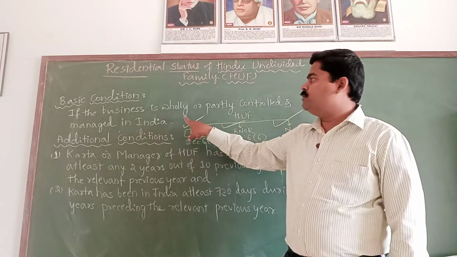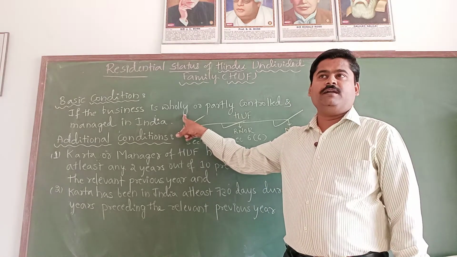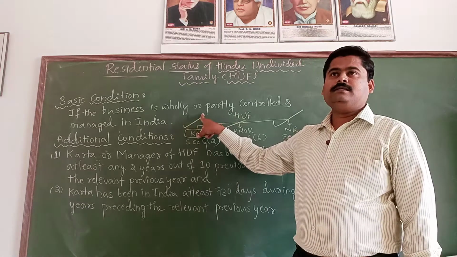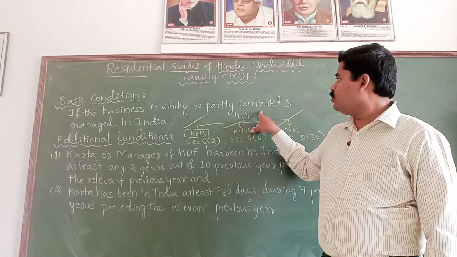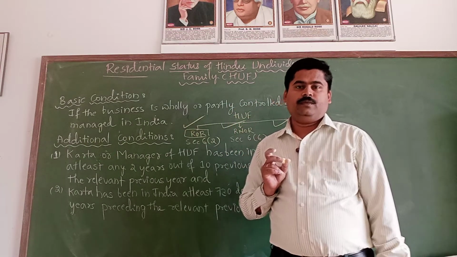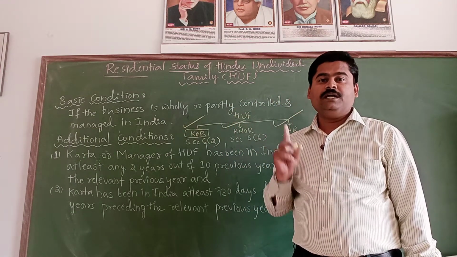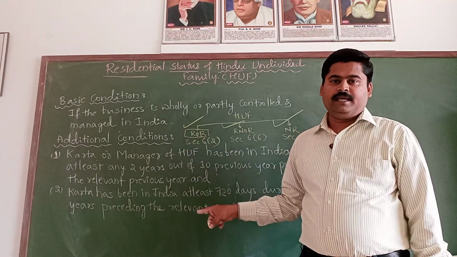If the business of the Hindu undivided family is wholly or partly controlled and managed in India, that is the basic condition. And two additional conditions we can find here.